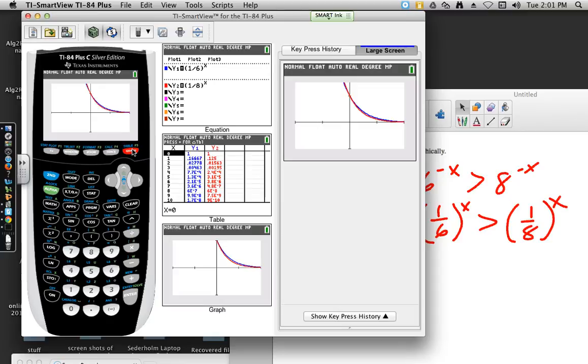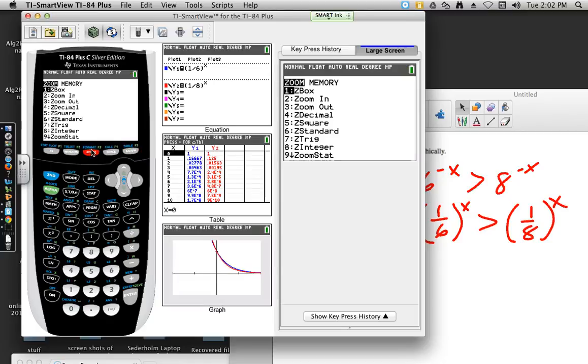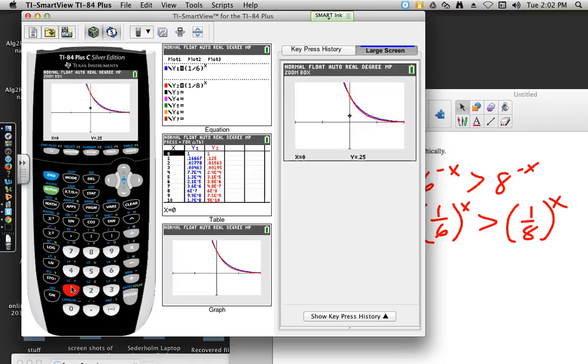Now, you might want to zoom box this in if you're not sure, because it's still a pretty close call here for these two. So maybe we box this in a little bit and just focus on the intersection. So I'll hit enter.